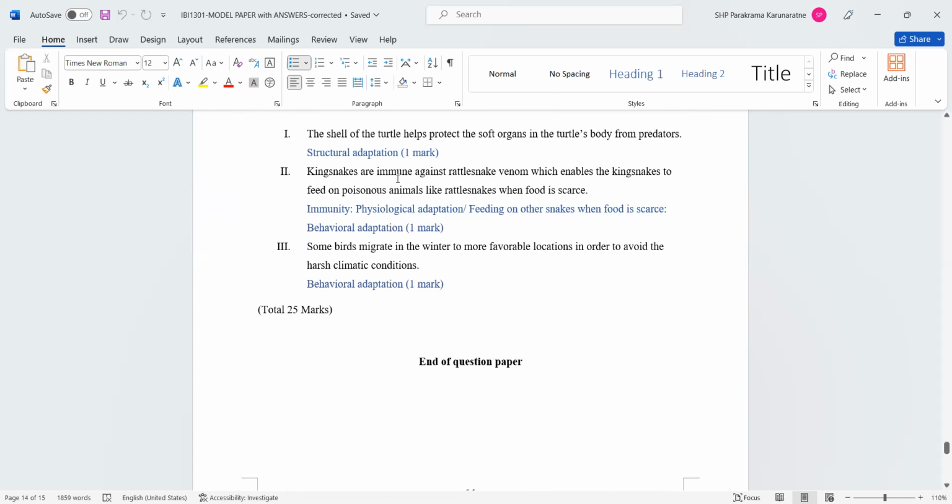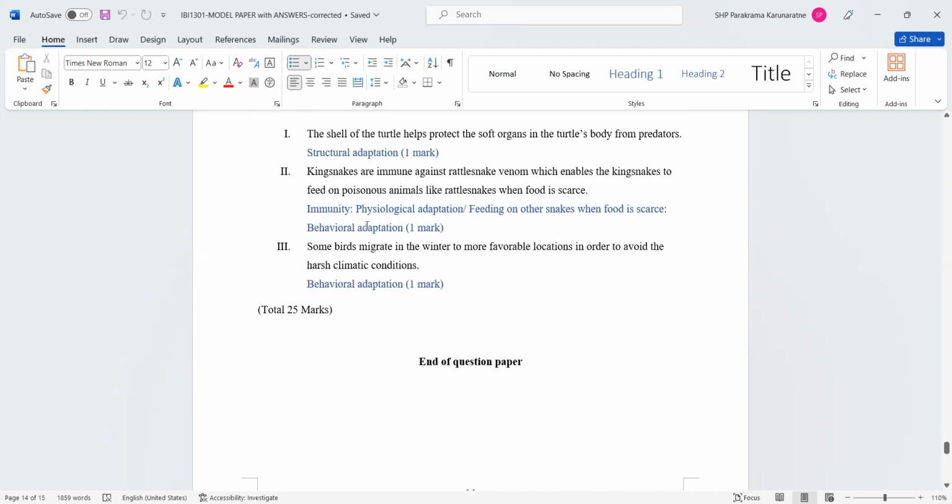King snakes are immune against rattlesnake venom, which enables the king snakes to feed on poisonous animals like rattlesnakes when food is scarce. So it is a kind of immunity they have. So it is a physiological adaptation, feeding on other snakes, right? If you consider immunity, it is a physiological adaptation.